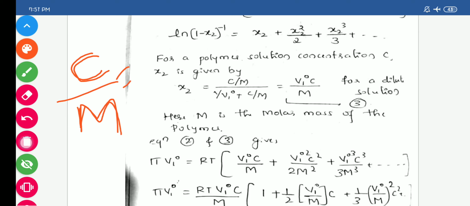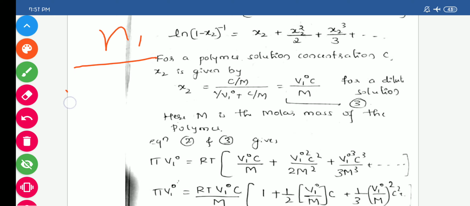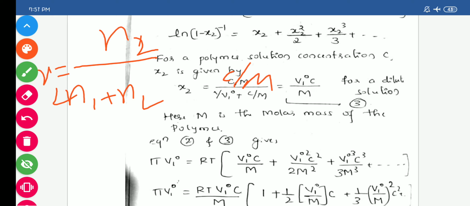Here I have written in place of n2 divided by n1 plus n2, that is equal to x2, right? So x2 how can you write? C divided by m, divided by 1 divided by v1 naught, that is the molar volume of the solvent n1, plus c divided by m, n2.